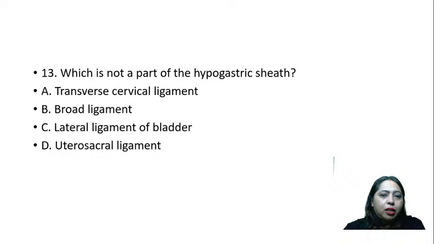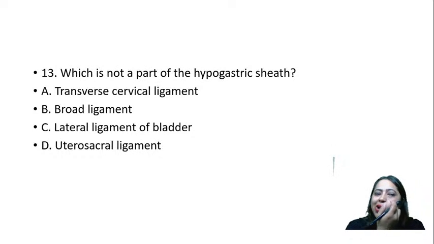So we are talking about a different thing. Epigastric, hypogastric. Hypogastric sheath: transverse cervical ligament, broad ligament, lateral ligament of the bladder, and uterosacral ligament.